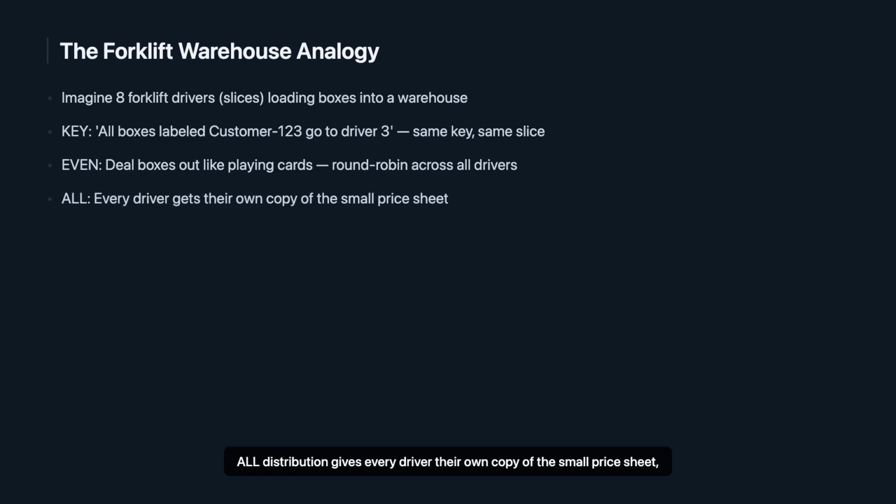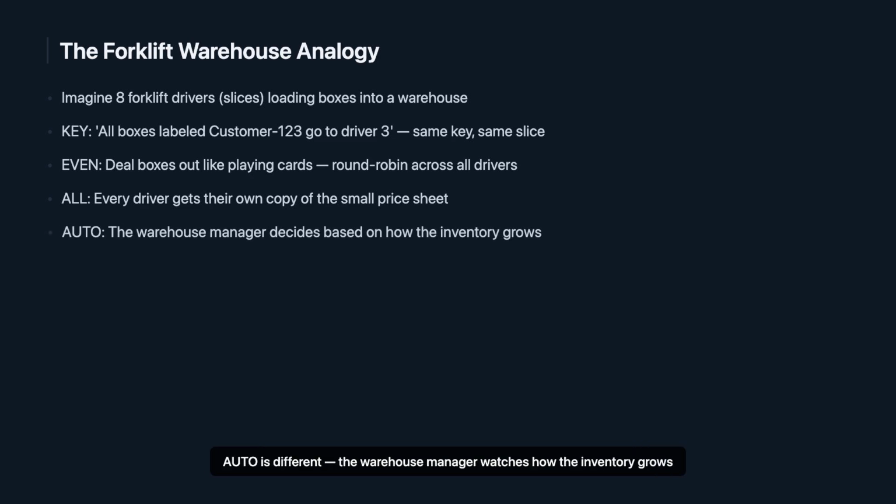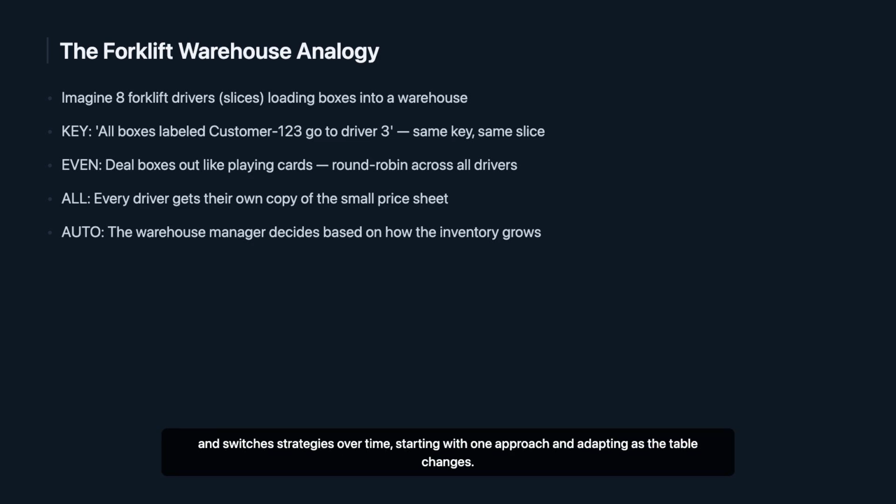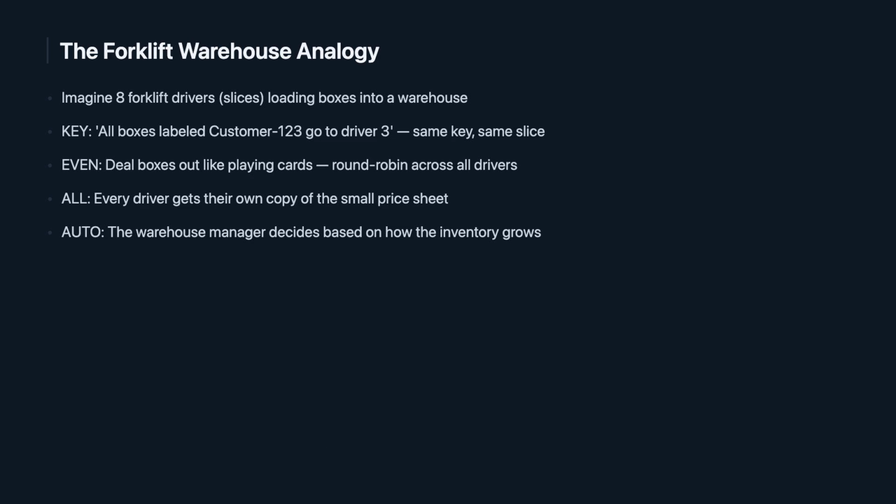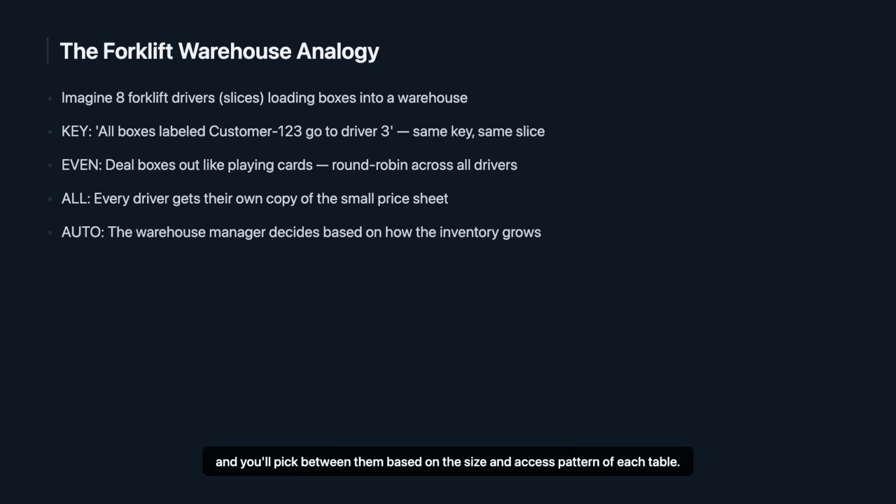All distribution gives every driver their own copy of the small price sheet, so nobody has to walk across the warehouse to look up a price. Auto is different. The warehouse manager watches how the inventory grows and switches strategies over time, starting with one approach and adapting as the table changes. That covers all 4 distribution styles, and you'll pick between them based on the size and access pattern of each table.